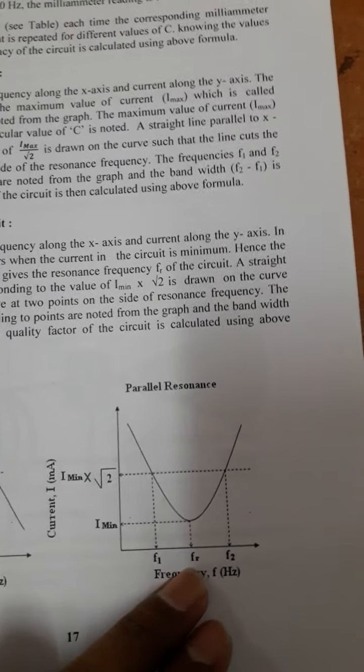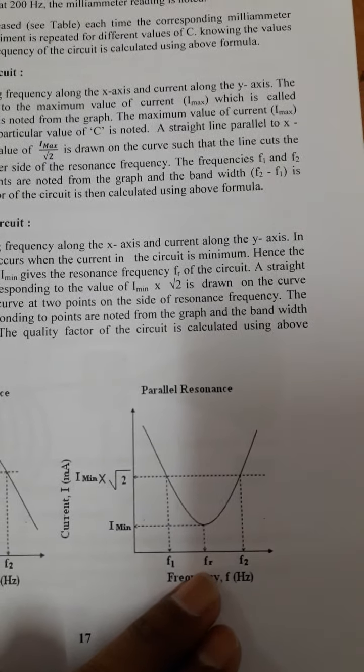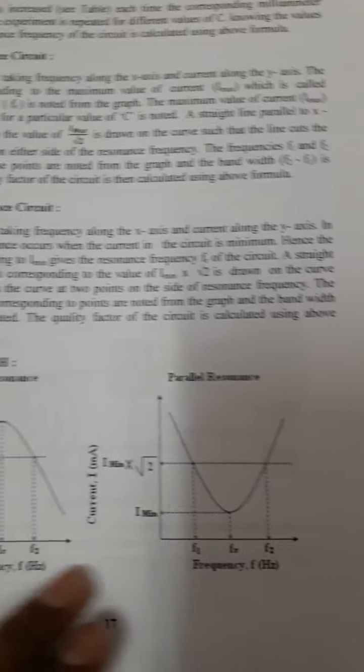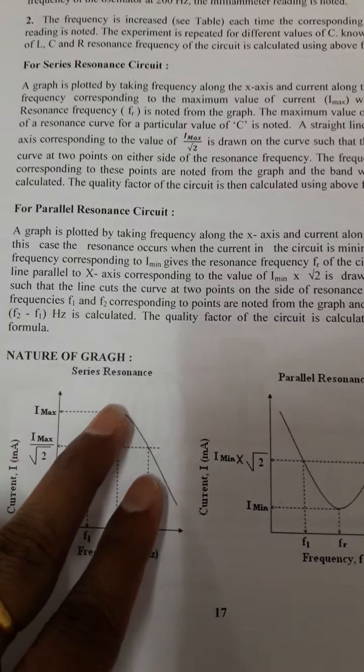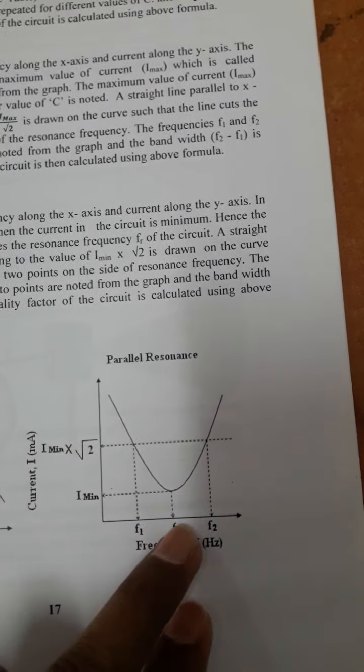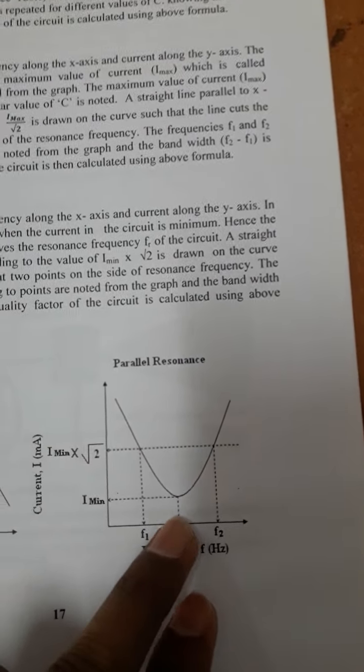We are not calculating it by using the formula Fr equals 1 divided by 2 pi times the square root of L by C. You will get it directly from the graph itself: for series, the frequency corresponding to maximum current, and for parallel, the frequency corresponding to minimum current.